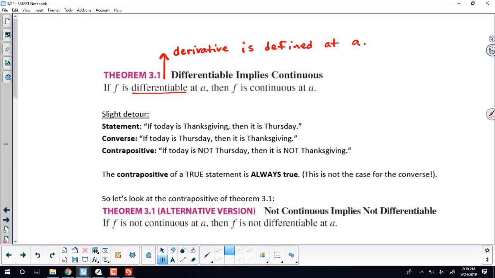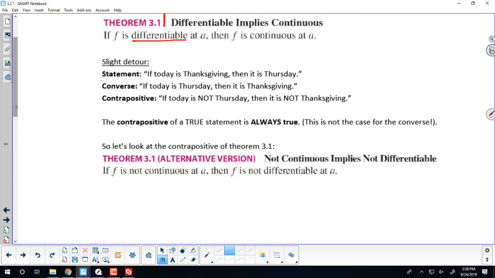So if I say a function is differentiable at A means that the function is continuous at A, and I take the contrapositive of that, I can say if the function is not continuous at A, then the function is not differentiable at A. So the alternate version of theorem 3.1 is simply the contrapositive of theorem 3.1, stated in this alternate version.